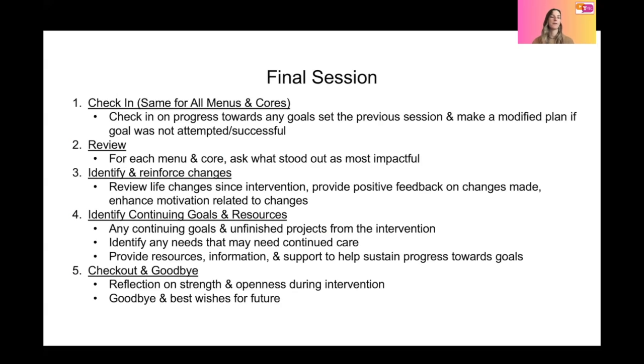And for that, just providing resources, information, maybe even making a list together and sending that to them of things they can continue to work on, and supports they need to help sustain their progress towards the goals that they're making. Things that will really give them motivation along the way, and things within their community that are going to provide that. If they're open to it, maybe longer term therapy and some things like that.